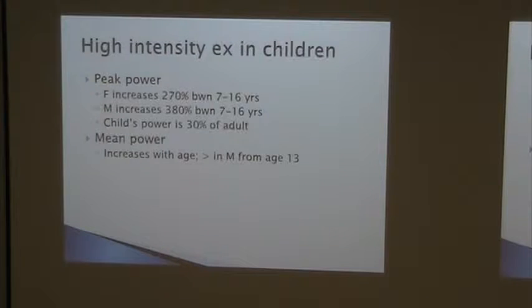So here, we see that power increases with age, and with males, it tends to be bigger than females, starting right around puberty again. And you can probably guess that has a lot to do with muscle mass. Changes in muscle mass during that time. Males tend to have greater muscle mass than females.